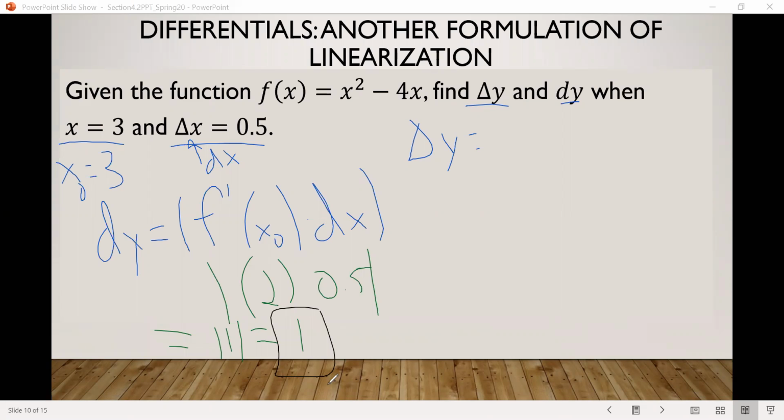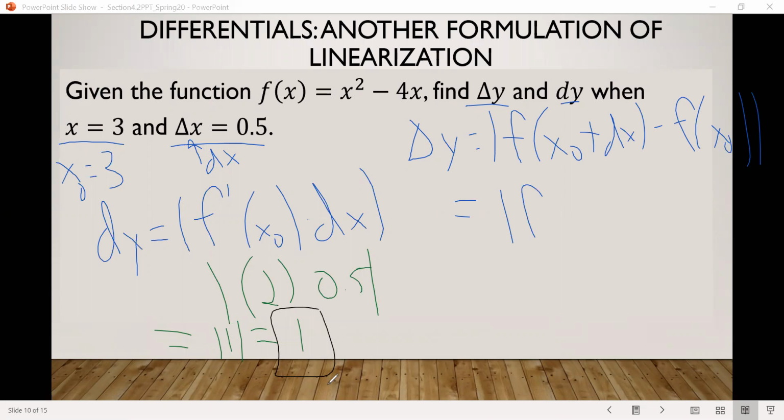So that's going to be the absolute value of f of x sub naught plus dx minus f of x sub naught. And let's see. So our x sub naught is 3 plus dx, which is 0.5. So this would be f of 3.5 minus f of x sub naught, which is 3. So we just need to plug both of those values into the function.